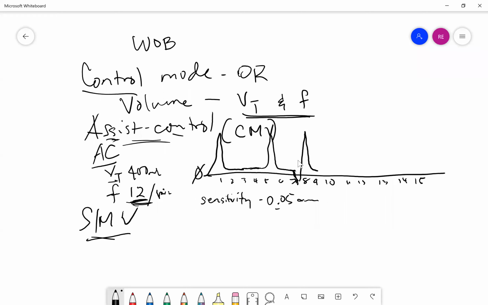The patient, though, can hyperventilate because remember, they can take spontaneous breaths. So let's say the patient takes another 12 of their own. That's 12 preset plus 12 spontaneous breaths. How many breaths is it total per minute? 24. Is 24 normal? No, that's tachypnea.